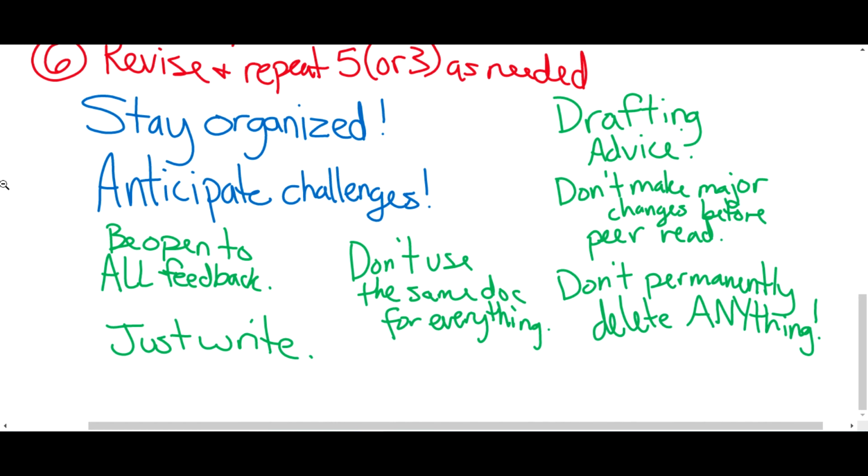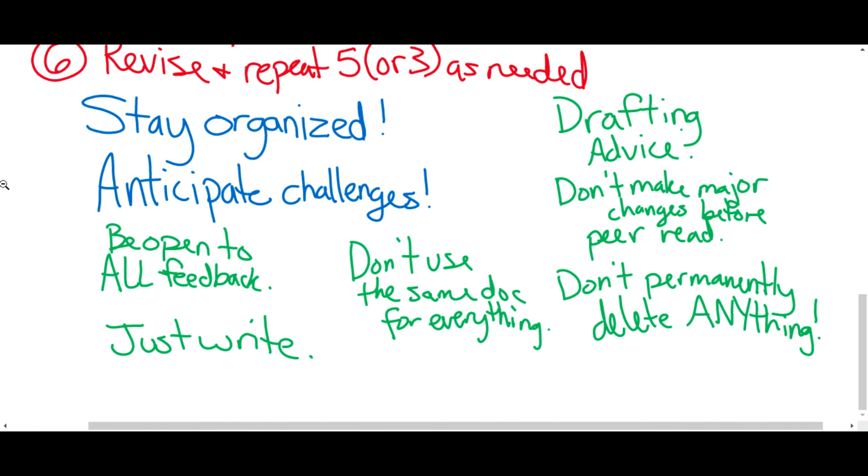If you have like 8 million tabs open, like some people I know, keep them organized. If you do research, at least print out the first page or something so that you have a physical copy you can look at and be like, this is exactly what I wanted. Maybe you write down everything that you see on that first page. Just keep organized as you're going through this, because things are going to happen.